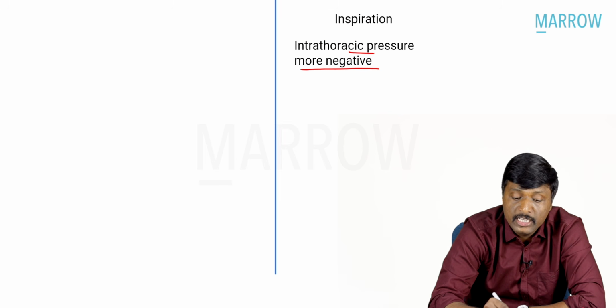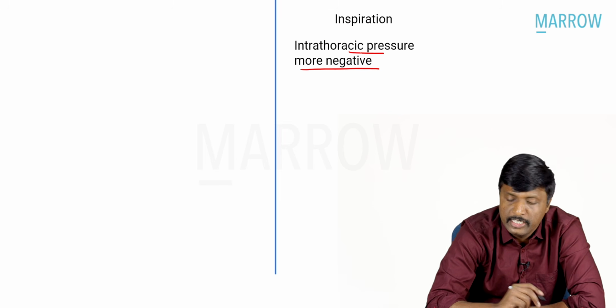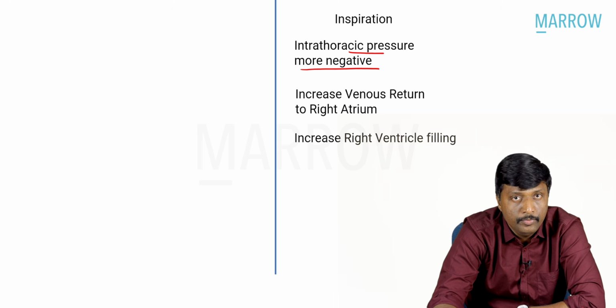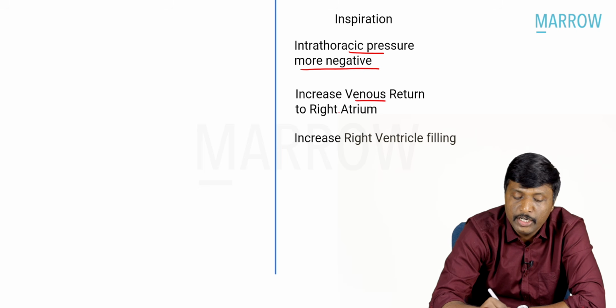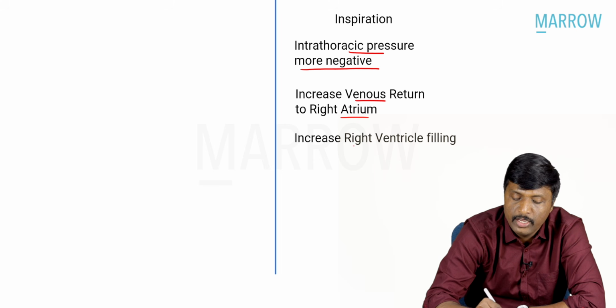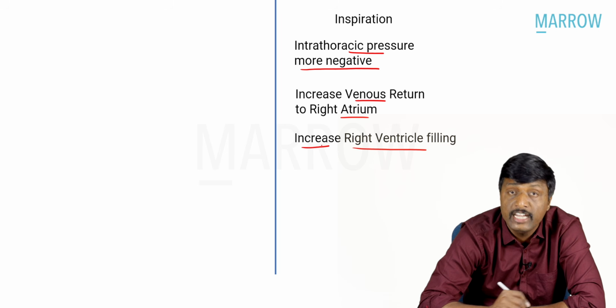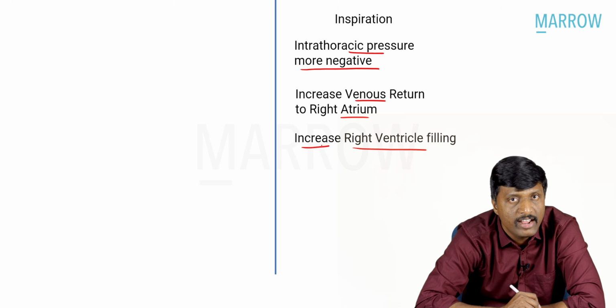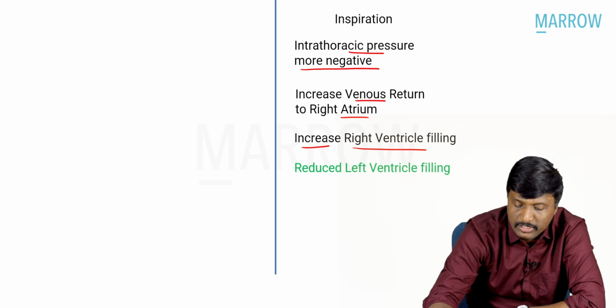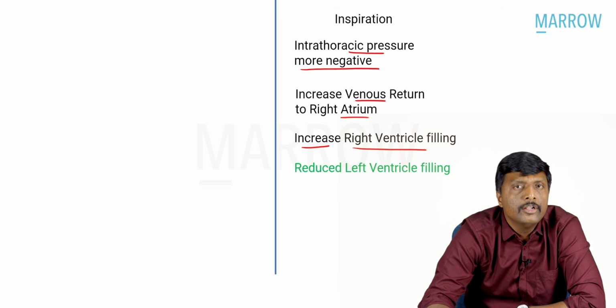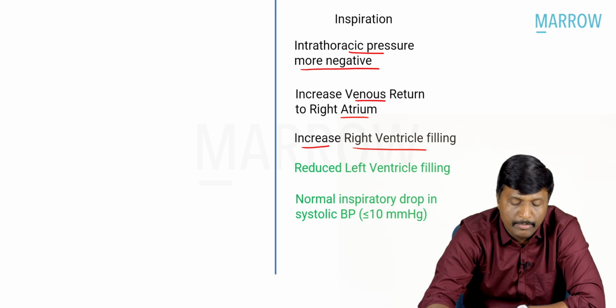When the intrathoracic pressure becomes more negative, it is very easy for the venous return now. Increased venous return to right atrium, so there is very good right ventricular filling. When there is increased right ventricular filling, momentarily, transiently, there is reduced left ventricular filling. Reduced left ventricular filling, reduced stroke volume, fall in systolic blood pressure.